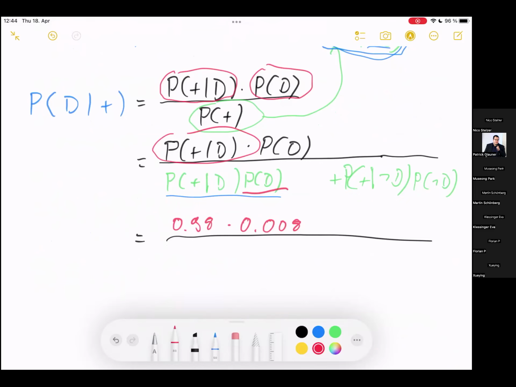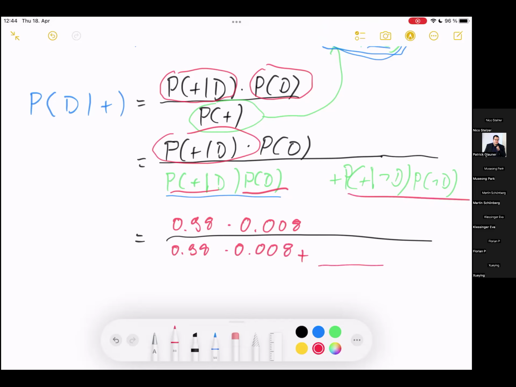We also have this one available. So we're building this now step by step. We have our plus here. And this one is also available. It's just as we have in the numerator. So P of plus given the disease, it's also 0.98 times 0.008. This one here becomes more tricky.